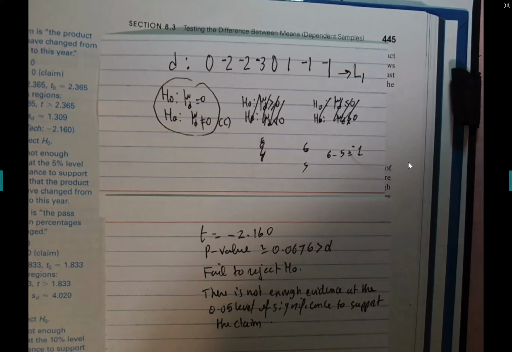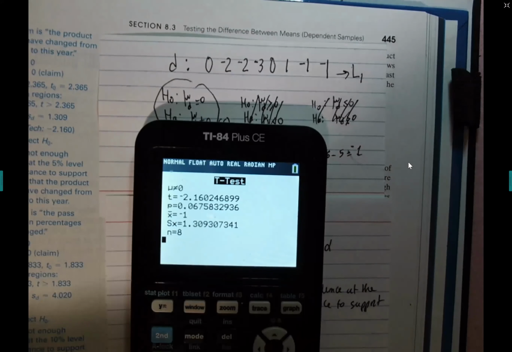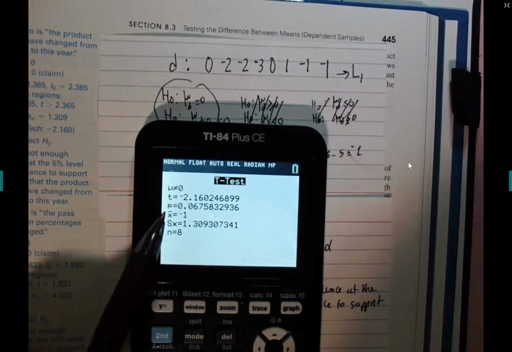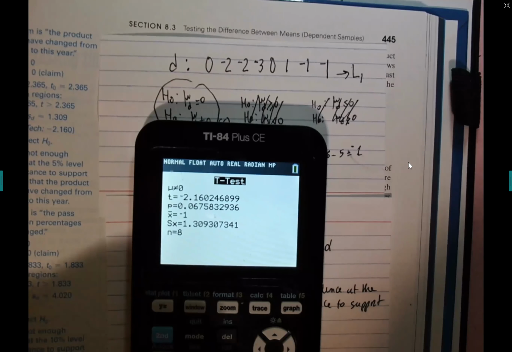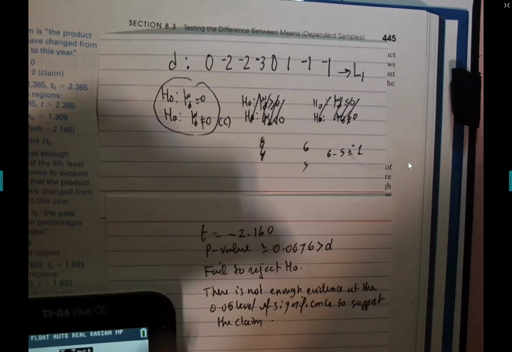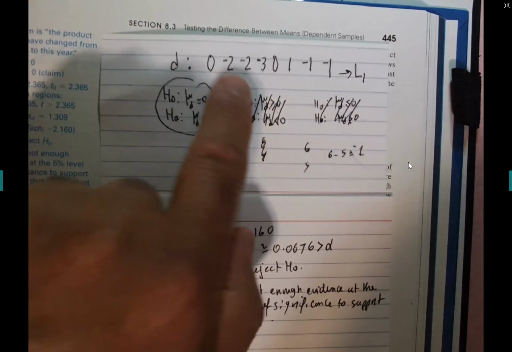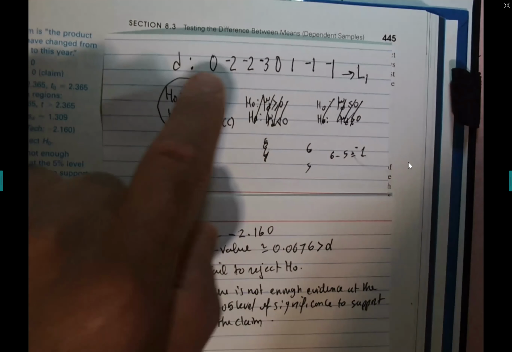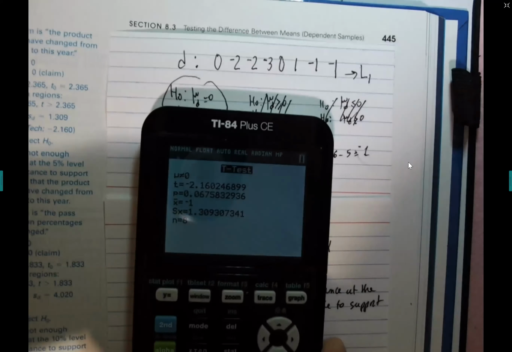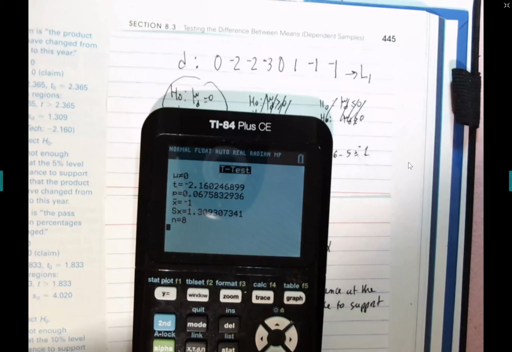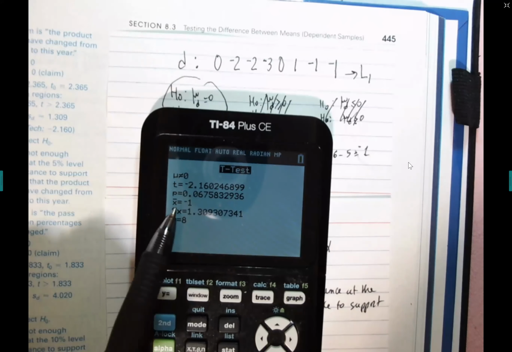I would like you also to look at the calculator, guys. In addition to the test statistic and the p-value, it gave you two more outputs here. It says x bar equals -1. Let me tell you what this is: the mean of the differences. If you add those values and divide by 8, you will get -1. And if you find the standard deviation of those values, you will get this. When you do your homework online for chapter 8, sometimes it will ask you to do the difference and find the sample mean and the sample standard deviation.